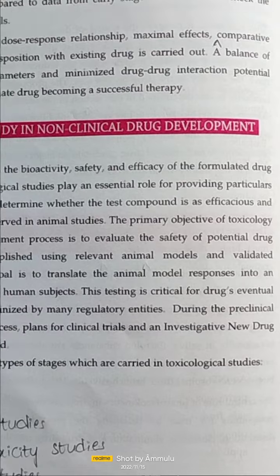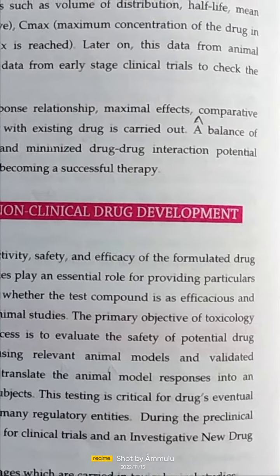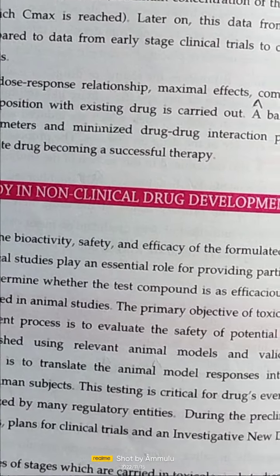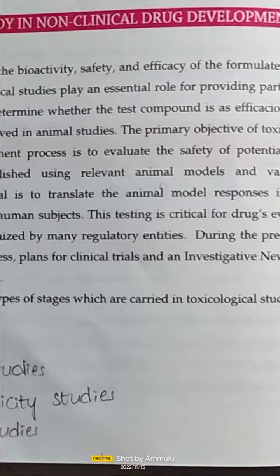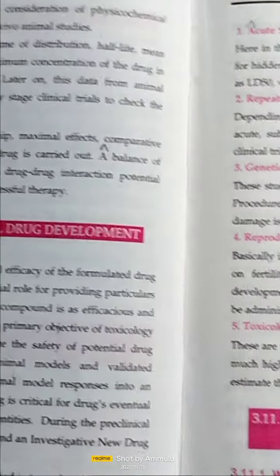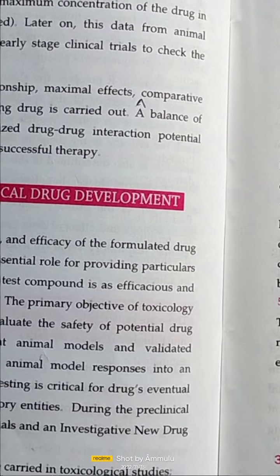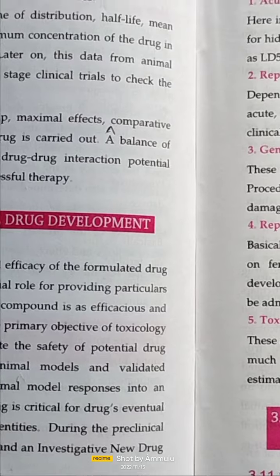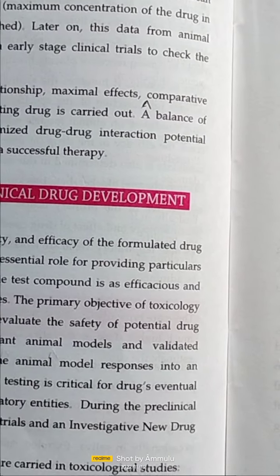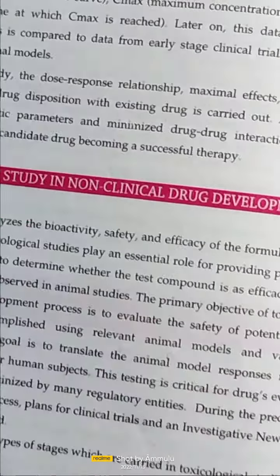In general, reproductive toxicity studies must be completed before a drug can be administered to women of childbearing age. These are typically similar to the pharmacokinetic studies, whereas they examine the effects of toxic doses of the drug, which helps to establish the clinical margin of safety.